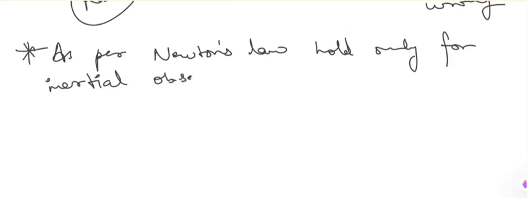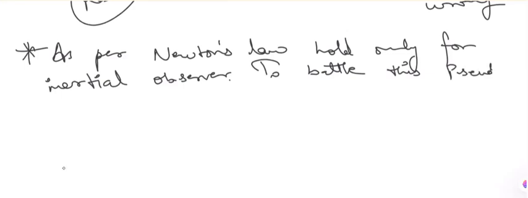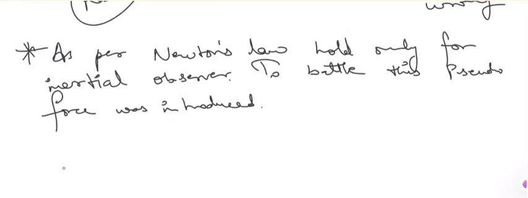Inertial, like the What? first law. Huh. Inertial means when the observer is standing at rest and he is observing the things happening. Then they both won't be like the same. Which will not be same?